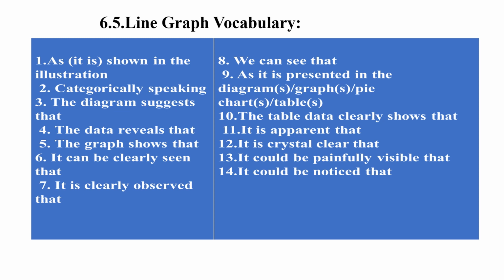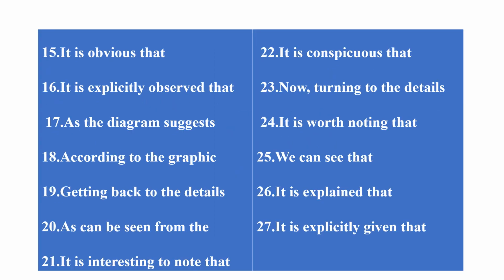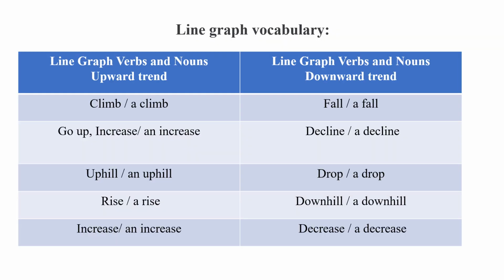6.5 Line graph vocabulary. So, dear students, you should read these phrases. There are 27 phrases, and you should memorize them, and you should use them in your line graph description. Also, the line graph vocabulary contains upward trend and downward trend, the right column.